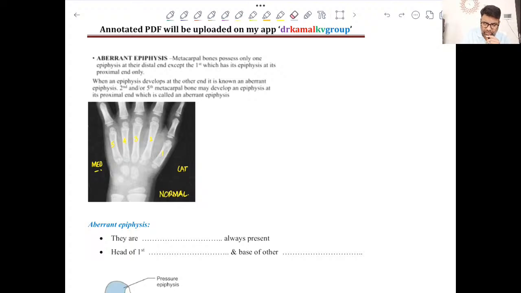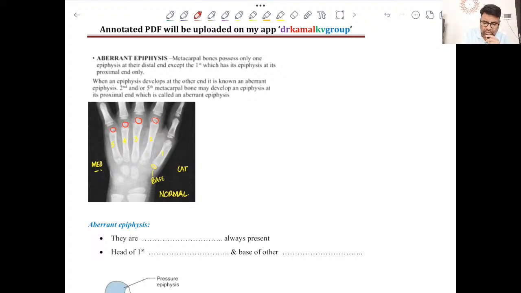Now if you look at the first metacarpal, the epiphysis is located at its base, right? So this is the base. Whereas for other metacarpals, the epiphysis is present near the head. Clear?